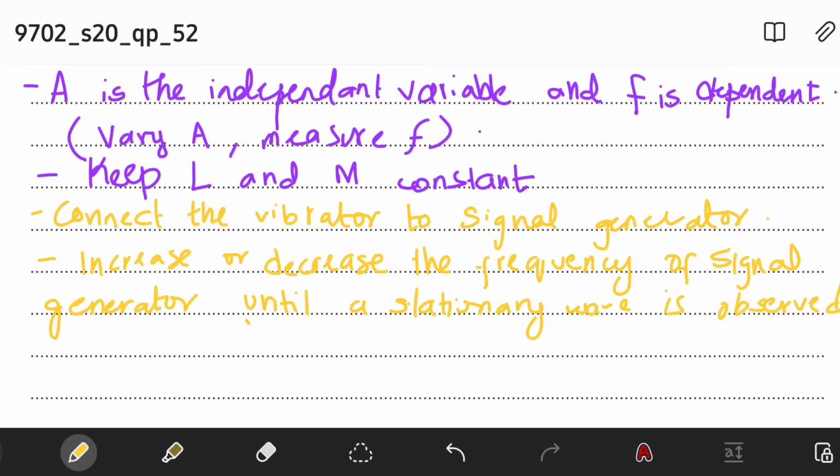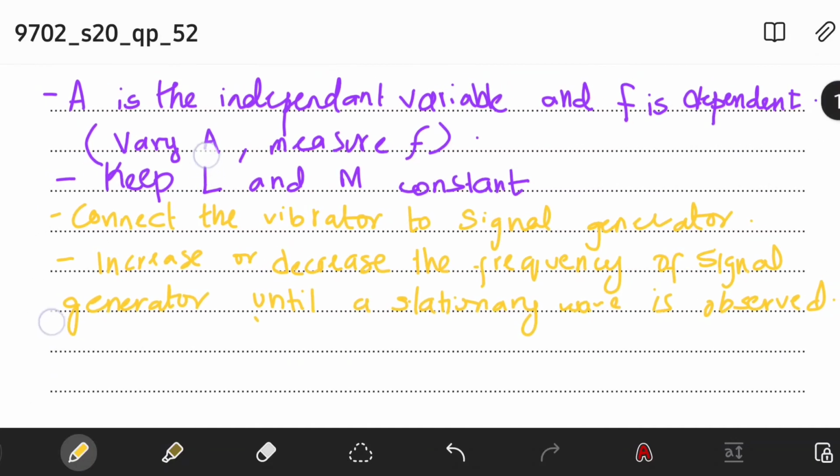Now that we have written about the frequency, let's write about how can we measure mass and diameter of the cord.